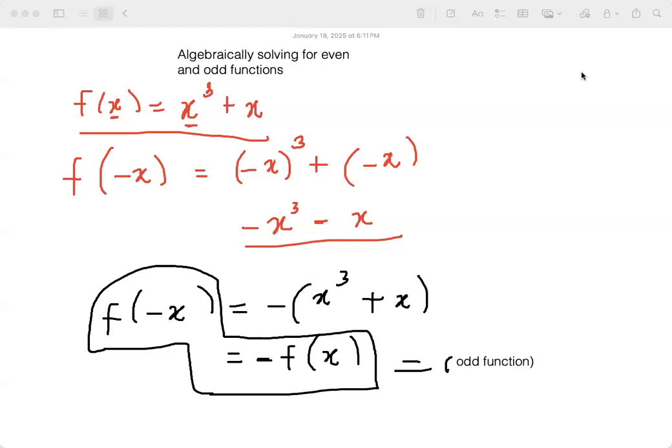Okay, good. So whenever you substitute minus x in a function, you get the f of minus x function. If you're able to prove that f of minus x equals the negative taken out and it resembles f of x, then it is an odd function.